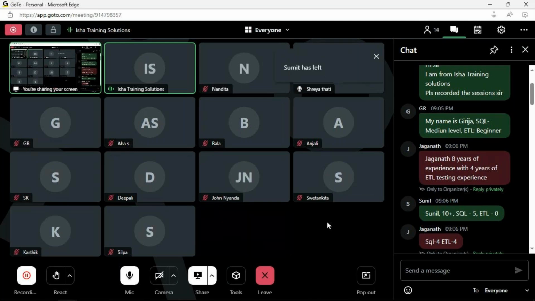You will have the same kind of testing life cycle: requirement analysis, test plan, test execution, raise defects. Same kind of structure will be there. Defect retesting will be there. Test closure will be there. So you will definitely be able to transition from functional testing to ETL testing.